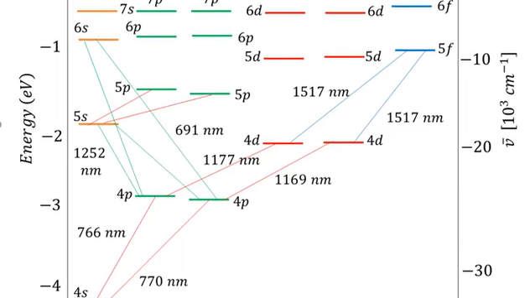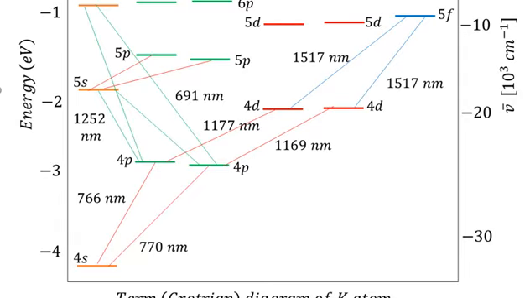You see that some transitions have been shown, and these transitions will follow the same rule as discussed earlier: any value of n is allowed, and only changes of orbital angular momentum with delta L equal to plus or minus 1 are allowed. So transitions from 4s to 4p are possible, but from 4s to 5s is not possible.